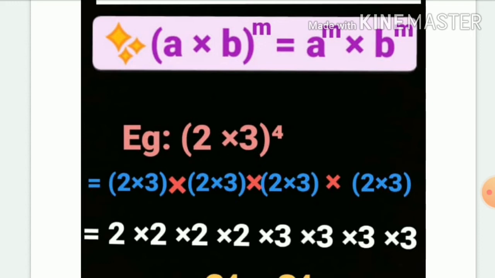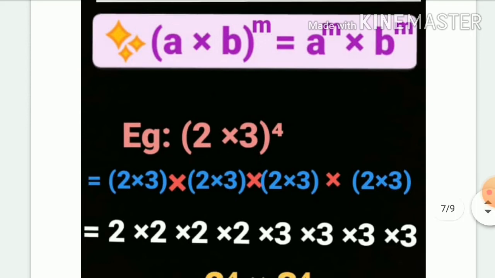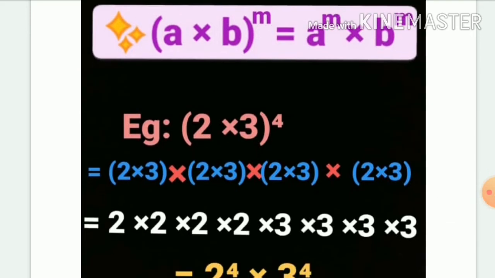So 2 multiplied by 3, I have written in different colors. 2 multiplied by 3 is our whole number, a full number, so it is in a full bracket. I have kept 2 multiplied by 3 in blue. So this is one time, multiplied by 2 multiplied by 3.